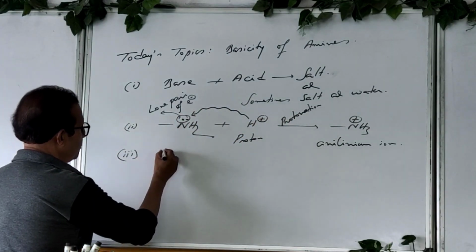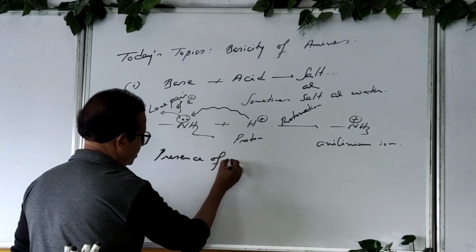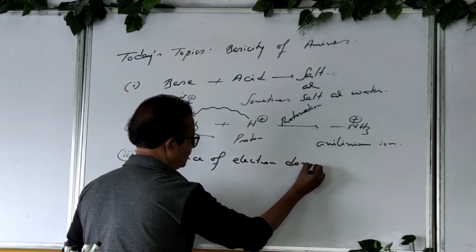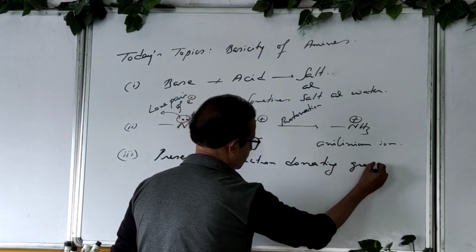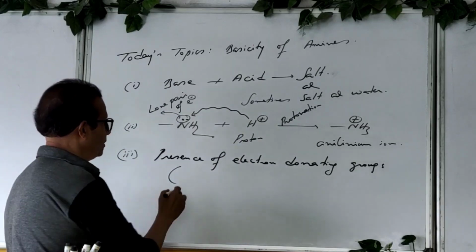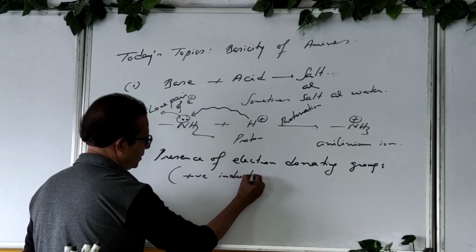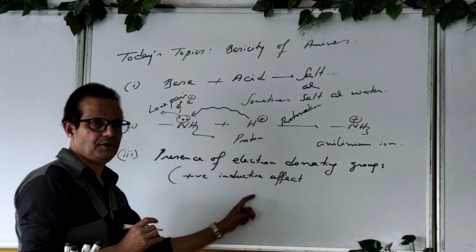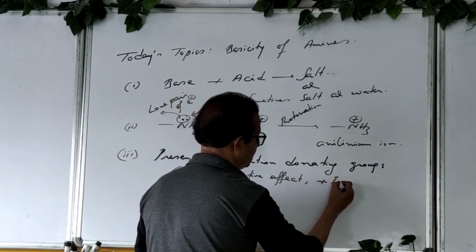So, write down, presence of electron donating groups. This is also called positive inductive effect. In class 11 you will find the detailed inductive effect. That is the plus I effect.